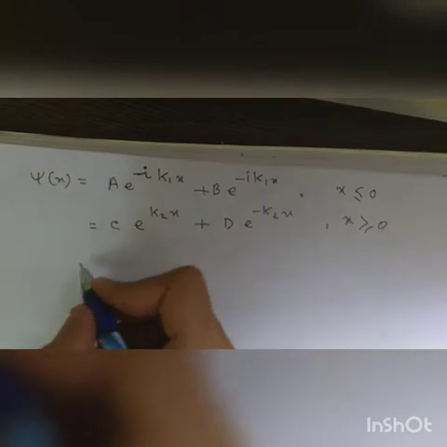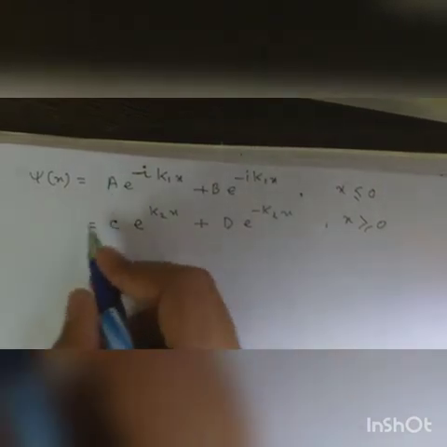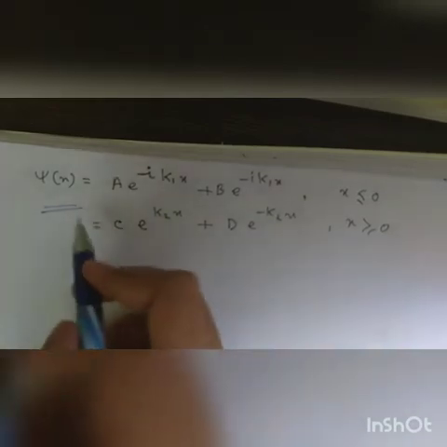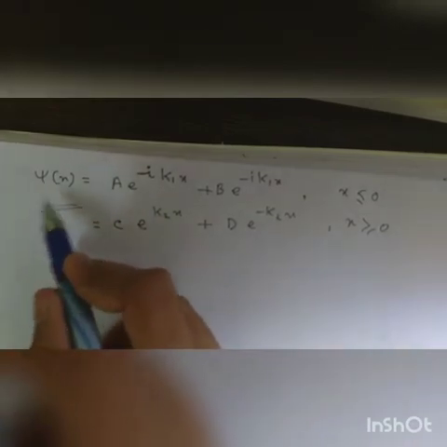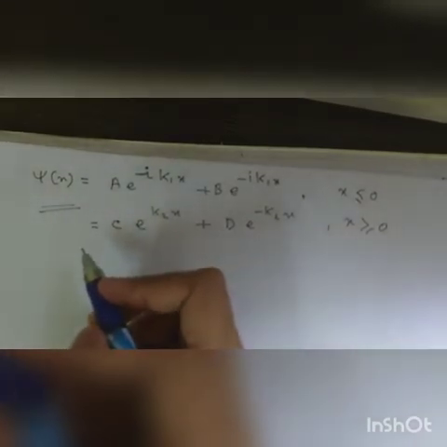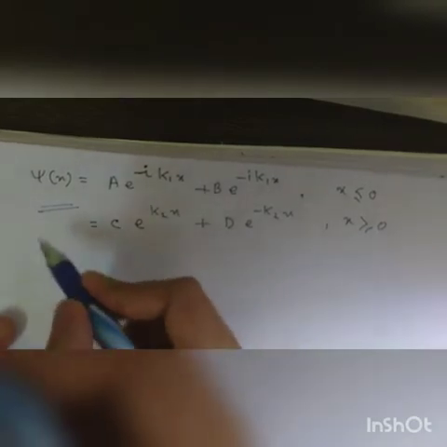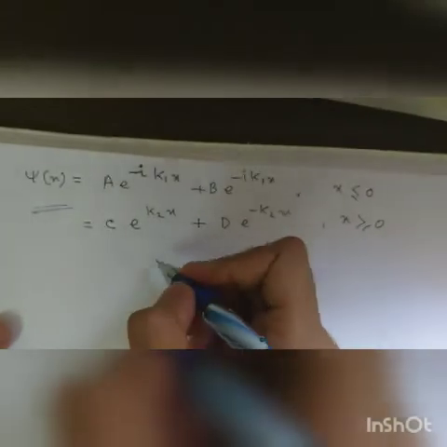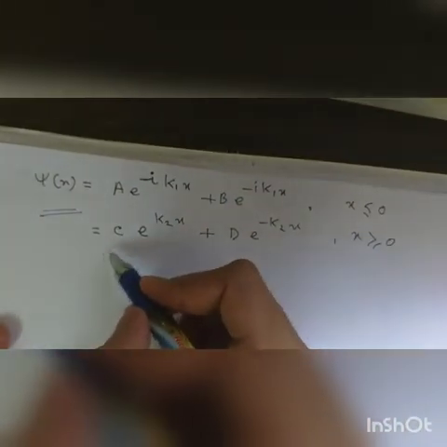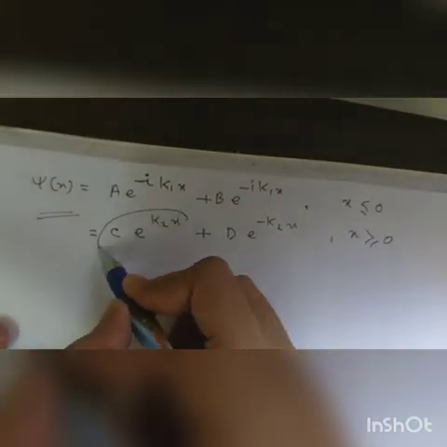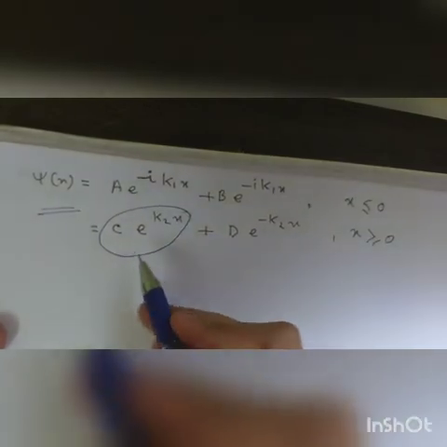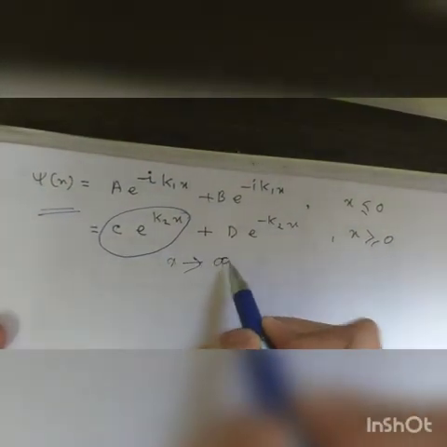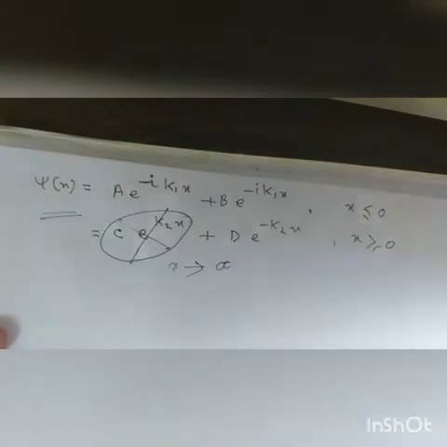We would like to now see whether this is actually an eigenfunction, whether it satisfies the conditions for an eigenfunction or not. The first is that it should be finite. For this solution, this term goes to infinity as x goes to infinity, so this term should not exist.